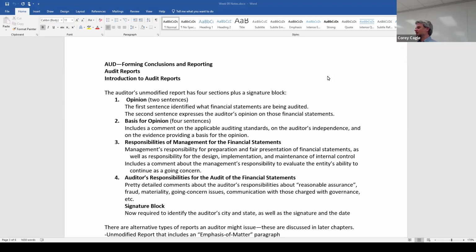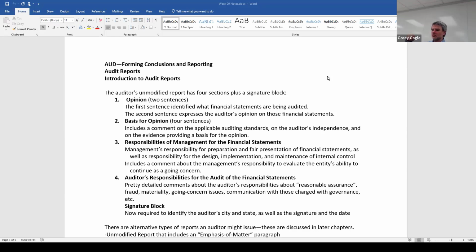The rest of that section says, in preparing the financial statements, management is required to evaluate whether there are conditions or events considered in the aggregate that raise substantial doubt about their ability to continue as a going concern for whatever time period. Okay, so management's responsibility section says management has to prepare the financial statements.